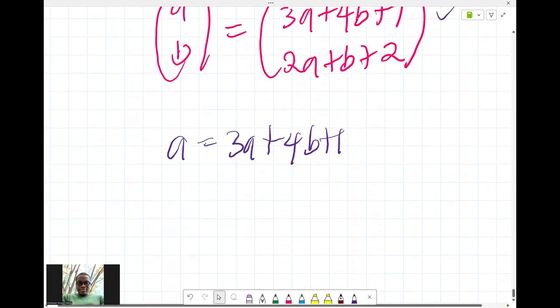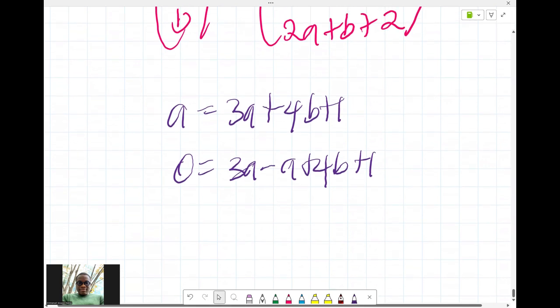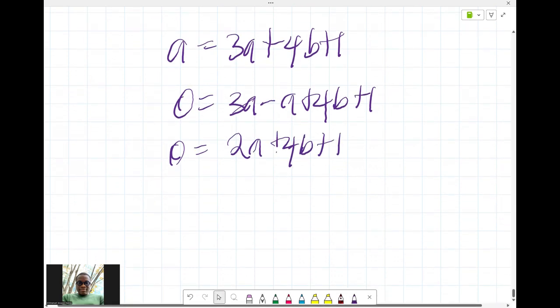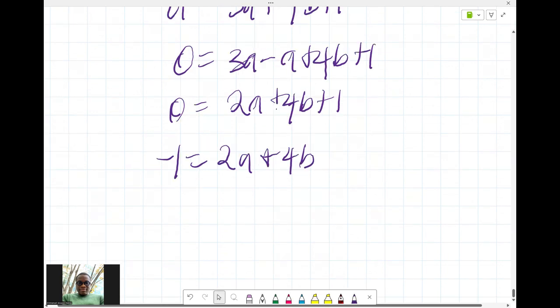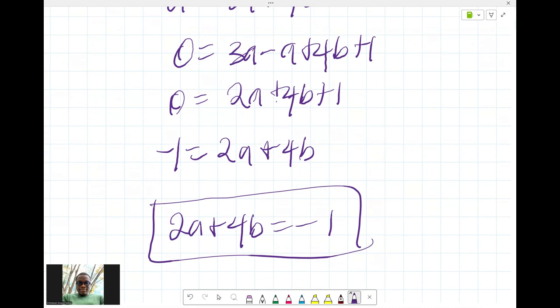We can tidy this better: 0 equals 3a minus a plus 4b plus 1, so 0 equals 2a plus 4b plus 1. This can be minus 1 equals 2a plus 4b. Finally, we have 2a plus 4b equals minus 1. So we have that tidied.